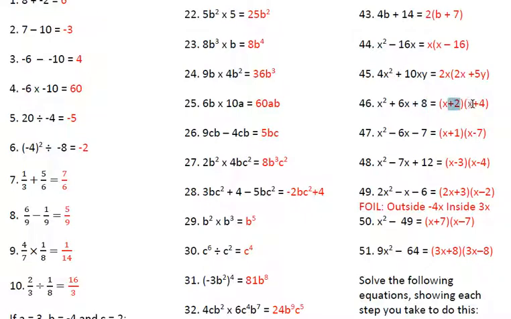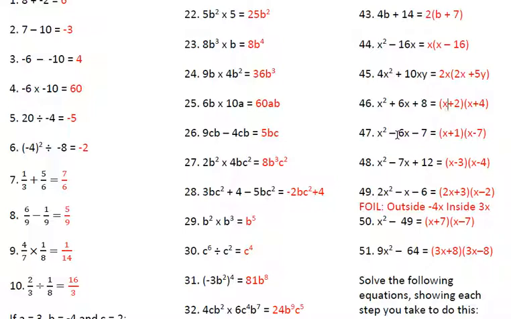So you could have 8 times 1, which would give us 8, but they don't add together to give us plus 6. But 2 and 4 do. They multiply to give us the final number plus 8, and they also add together to give us plus 6. So this is what you write down. You write down x plus 2 in brackets and then x plus 4 in brackets.